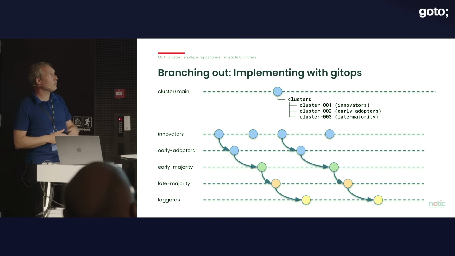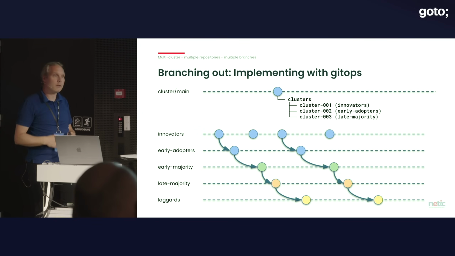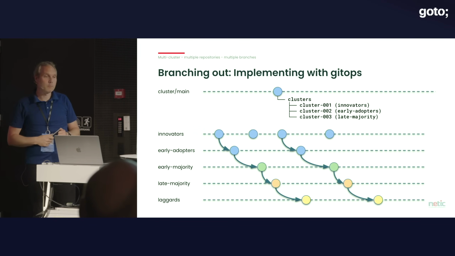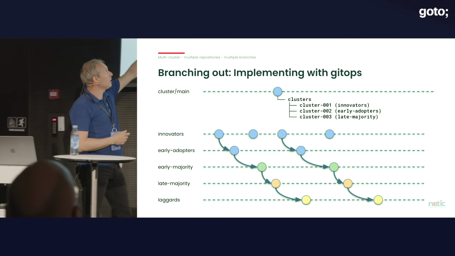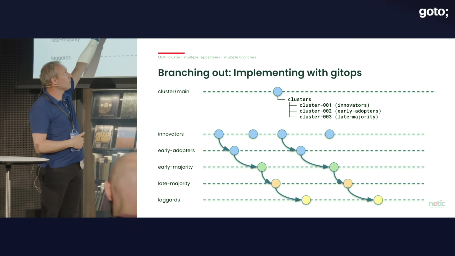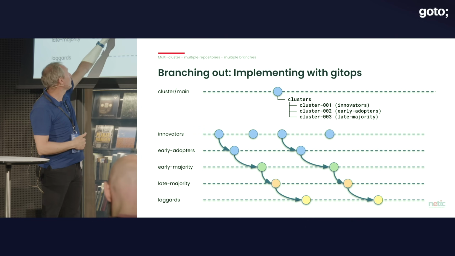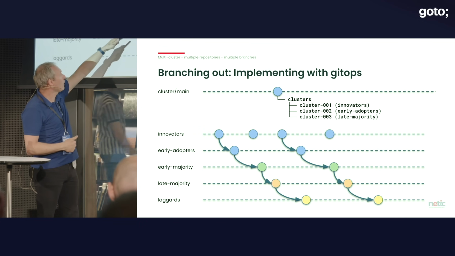So we have an innovators branch where stuff starts up, and then we have a promotion path down through the branches. When it has been running in all the innovators clusters for a while, we merge it down to early adopters, and down to early majority, and so on.